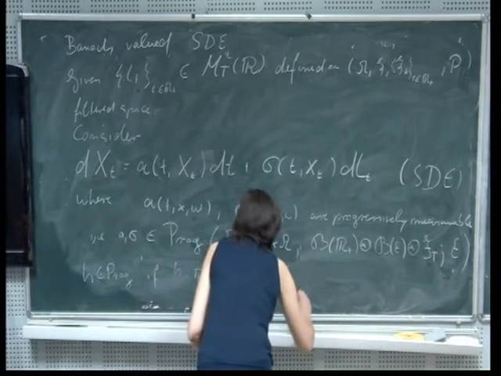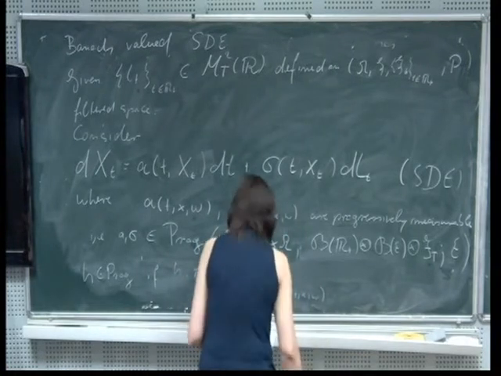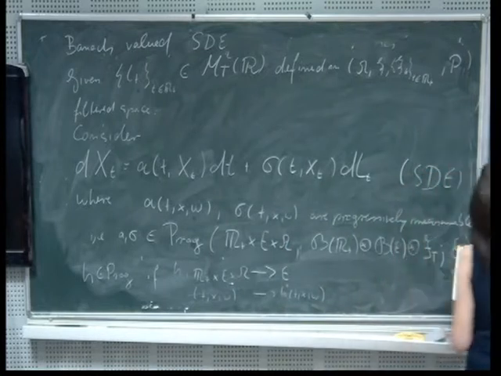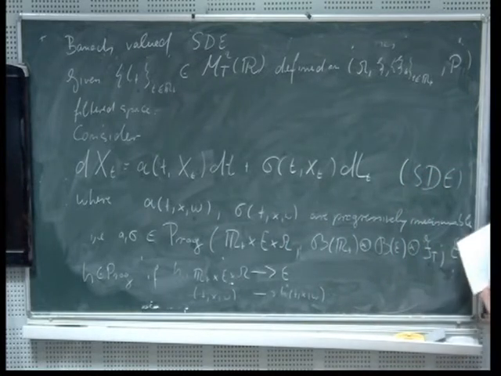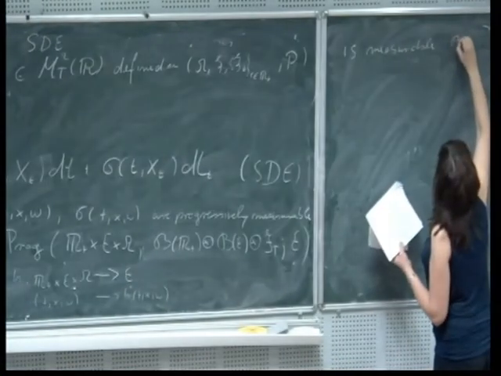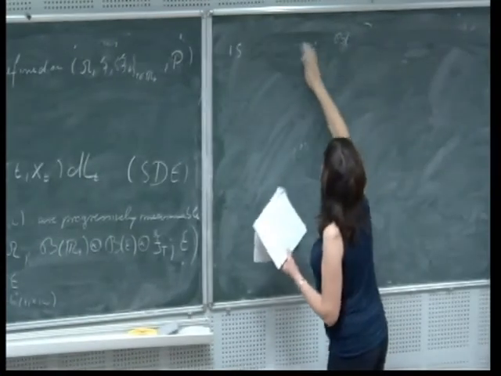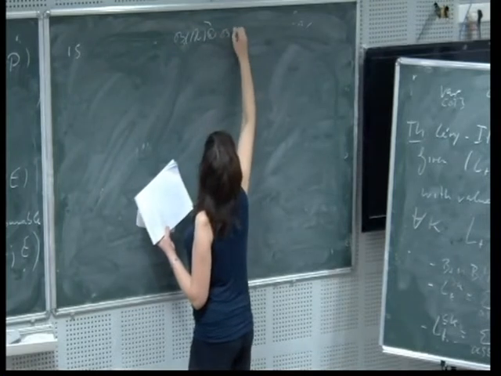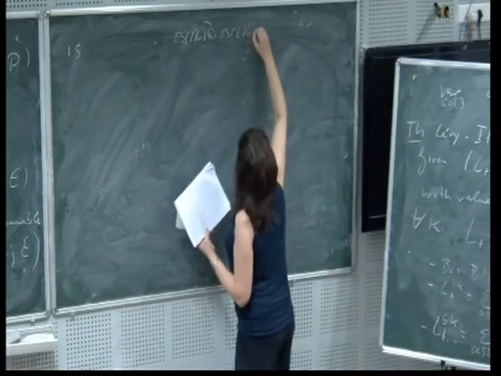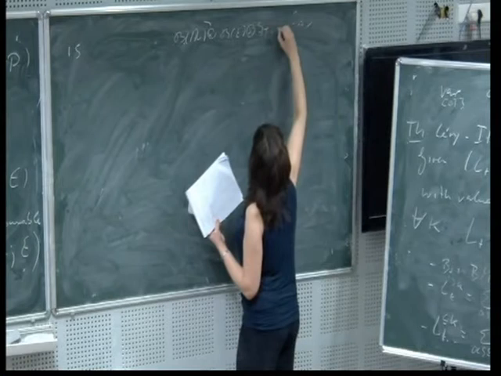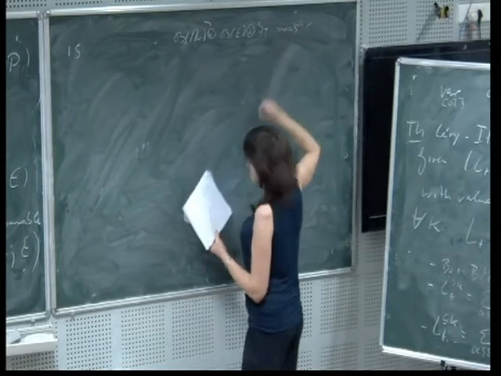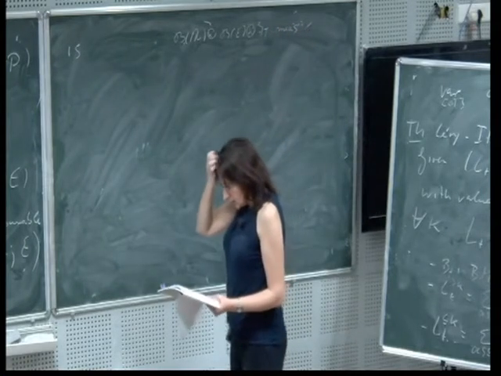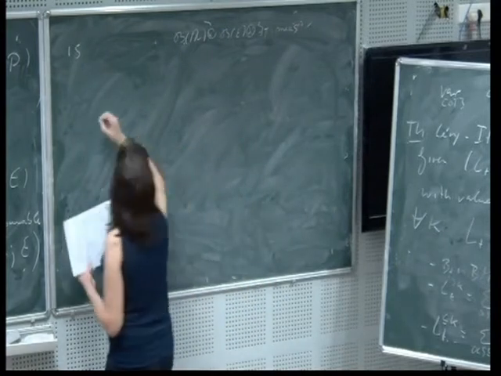is such that it is measurable with respect to B(R) times B(E) times F_t measurable. And it is adapted at any time.